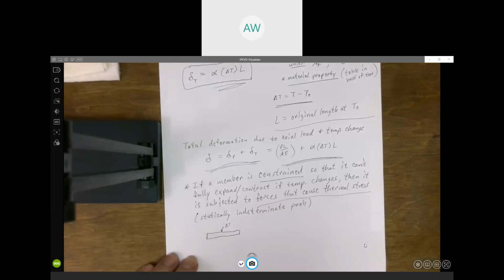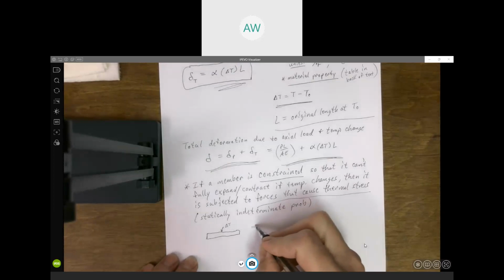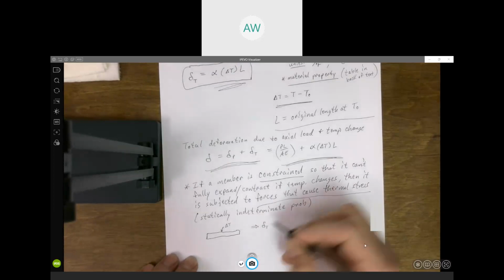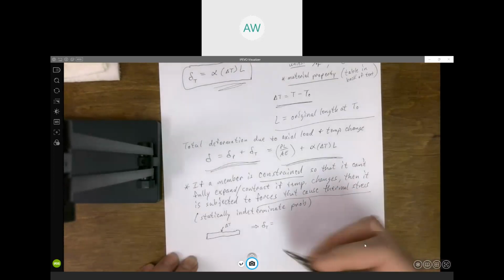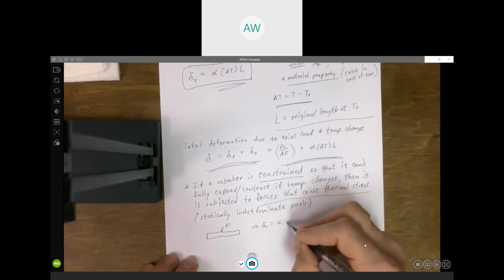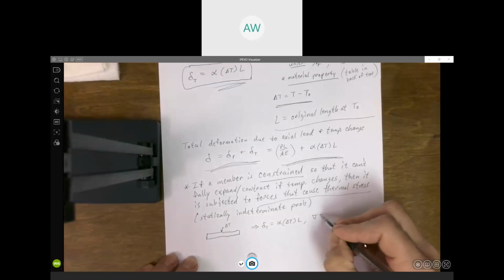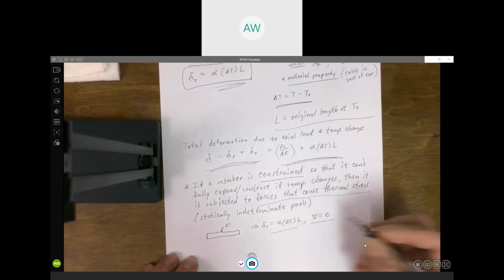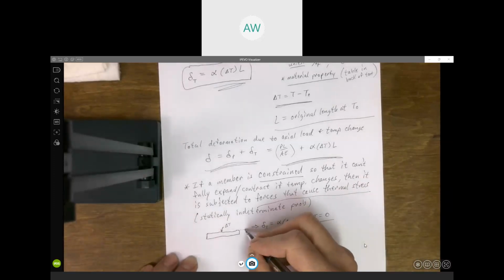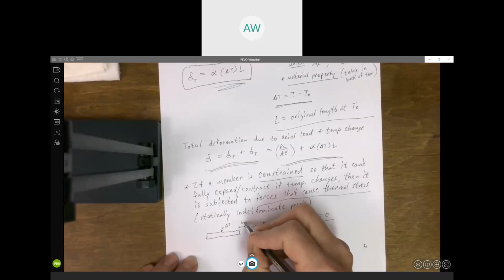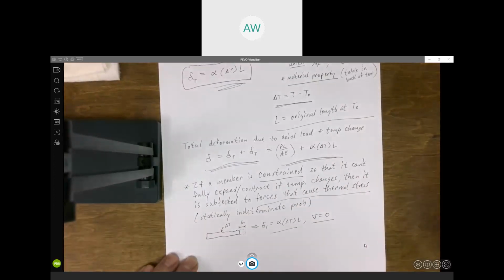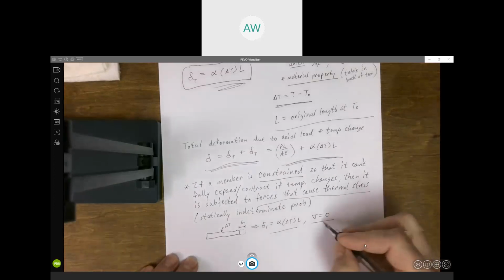It's going to get longer or shorter, expand or contract, depending upon if the temperature increases or decreases. You're going to get an expansion or contraction equal to alpha delta T times L. The stress is going to be 0. If the temperature increases, you would get an increase in length. It's going to get bigger. But the stress is 0.